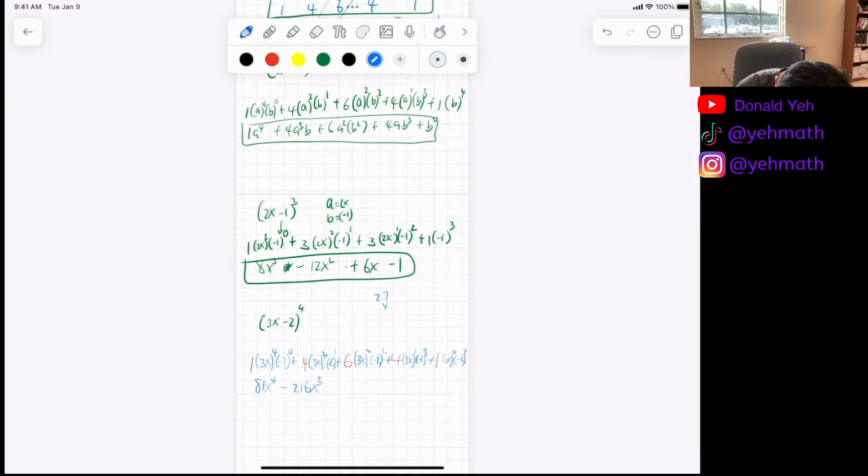And this is going to be plus 4 times 6 is 24. 24 times 3 is 72. And that's going to be negative 8. 8 times 12, I believe, is 96x, plus 16.